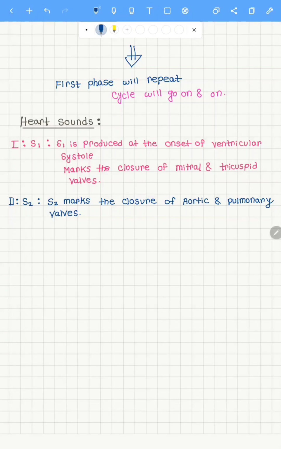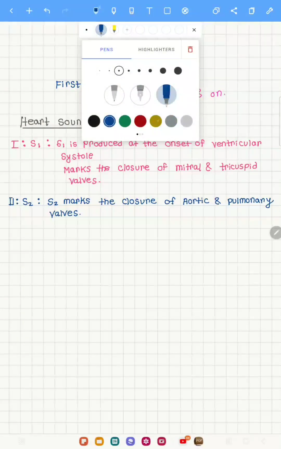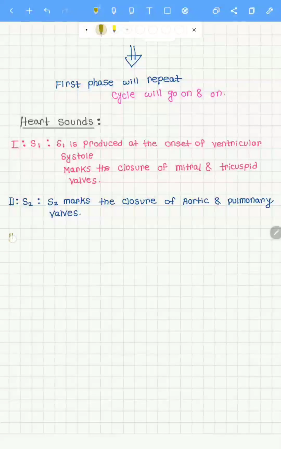But this is not the end. We have two more heart sounds, S3 and S4. Let's know about them. We'll know about S3.